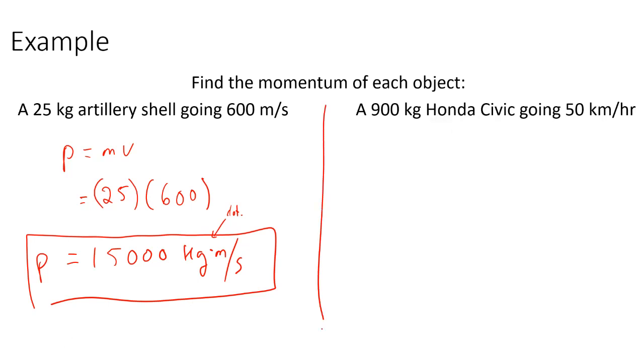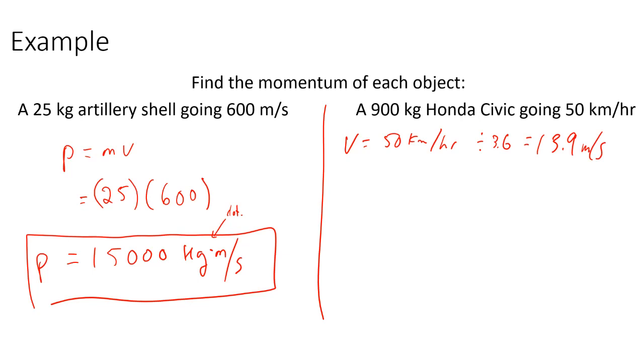On the other side of our screen here, a 900 kilogram Honda Civic is going 50 kilometers an hour. The first thing I'm going to do is take 50 kilometers per hour, and we're going to need to divide that by 3.6 to turn that into meters per second. So that ends up as 13.9 meters per second.